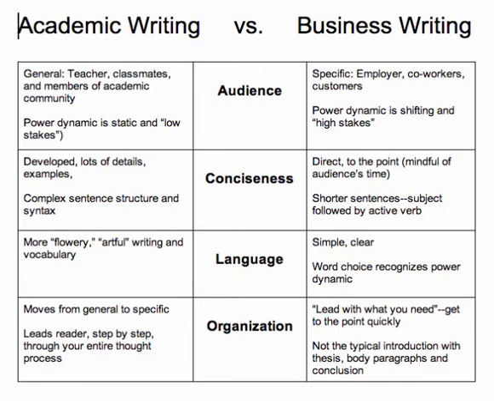The next area down is conciseness. As you know from academic writing, you're encouraged to develop your ideas, give lots of details, give examples. Your sentence structure is often complex. You're showing off your grammar skills to create sentences that aren't overly simple. Business writing is much more concise.